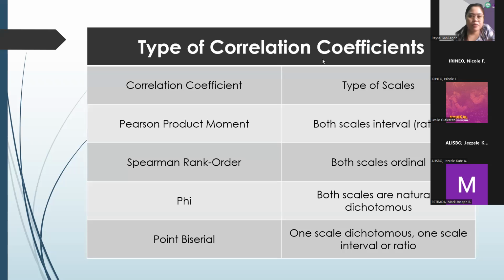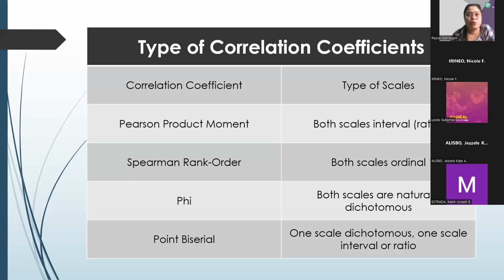Now, we have types of correlation coefficient, and that is dependent on the type of scales or type of data that we have. Since we are measuring the relationship between two variables, if both scales are interval or ratio, that's the time we may use the Pearson product moment.